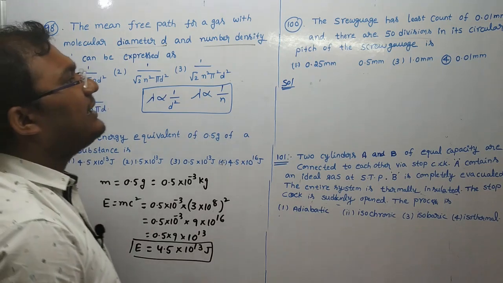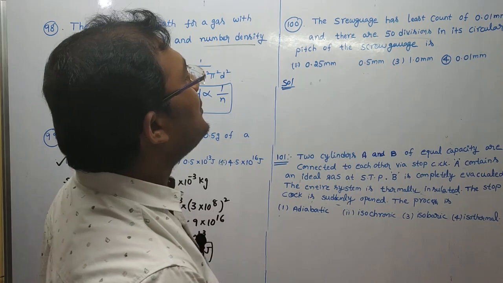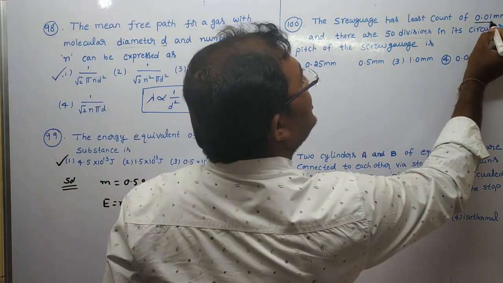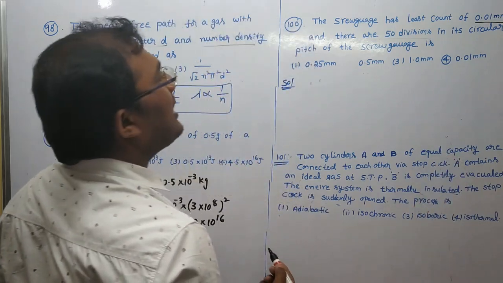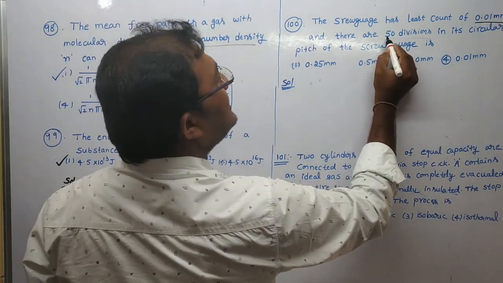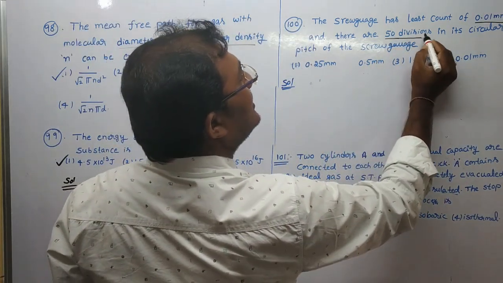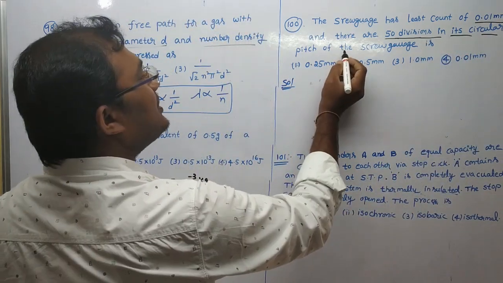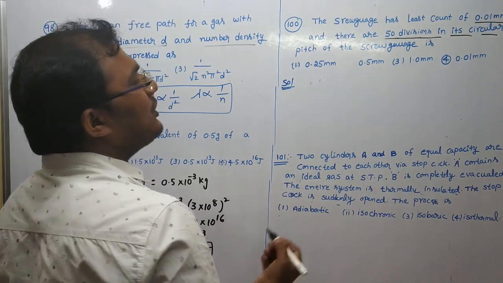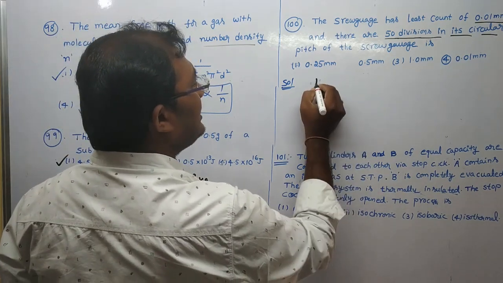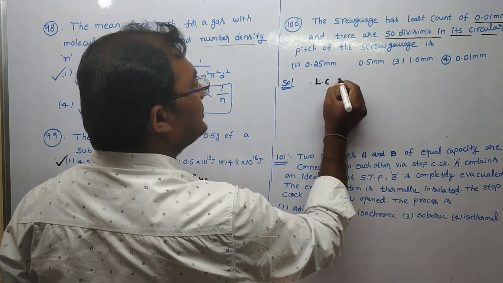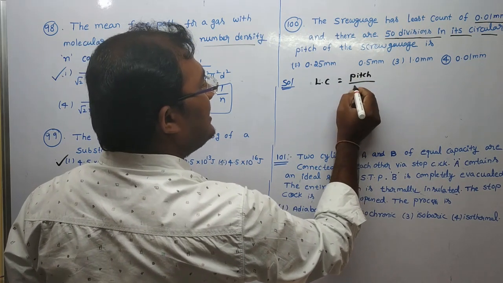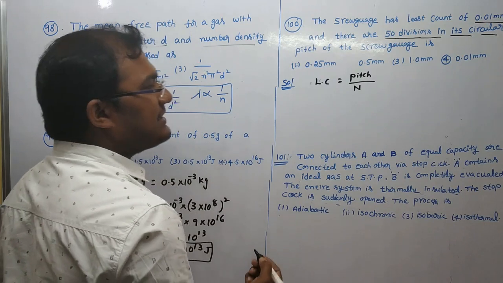Next question is, the screw gauge has least count of 0.1 mm and there are 50 divisions in the circular scale. Then find the pitch of the screw gauge. We know that least count LC equals pitch of the scale by number of divisions.